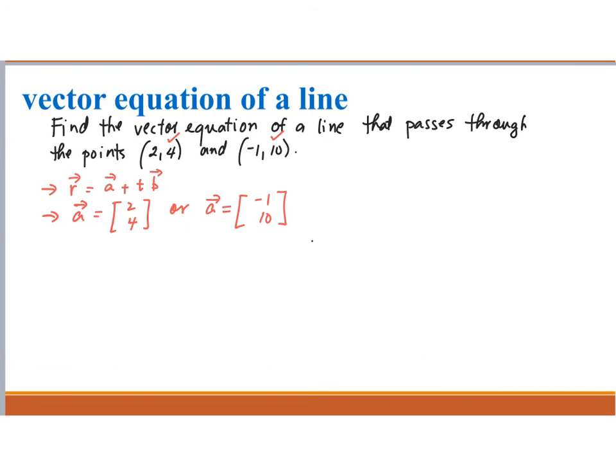For B, there's a bunch of different possibilities as well. If I make 2, 4 as A and let negative 1, 10 be B, then for the vector B I could use vector AB, and that would be negative 1 minus 2 is negative 3, 10 minus 4 is 6.